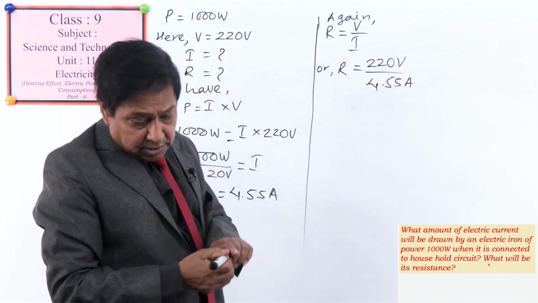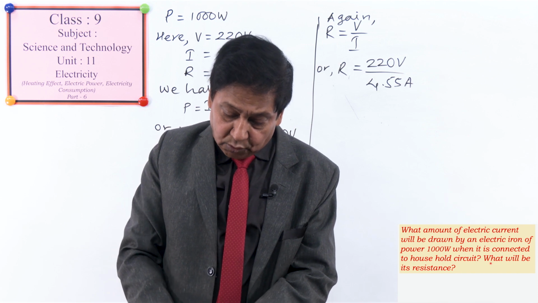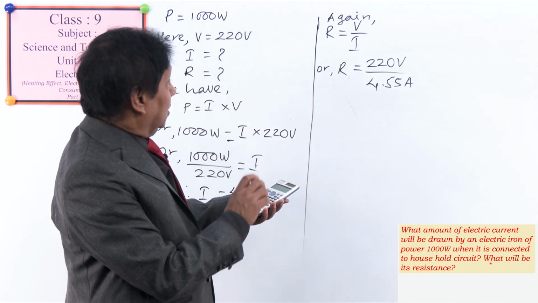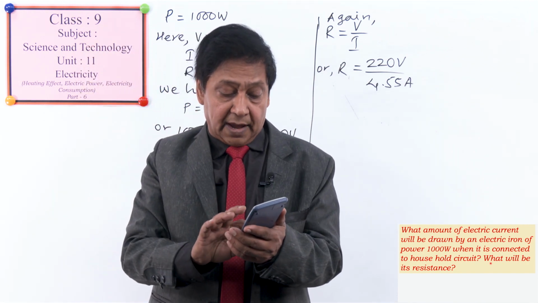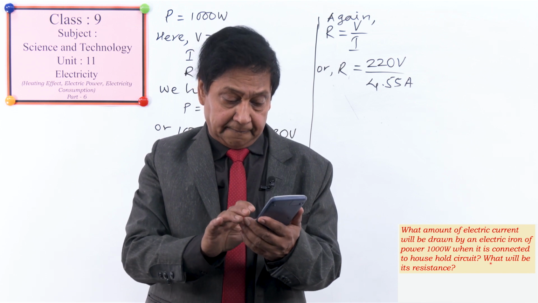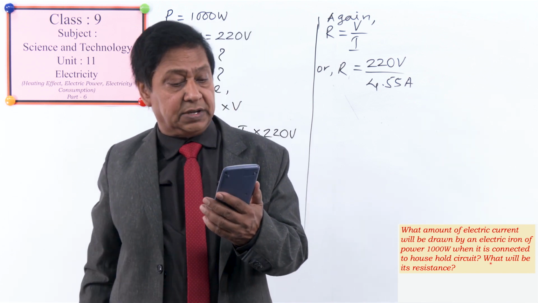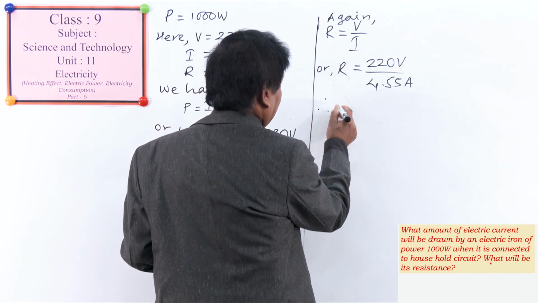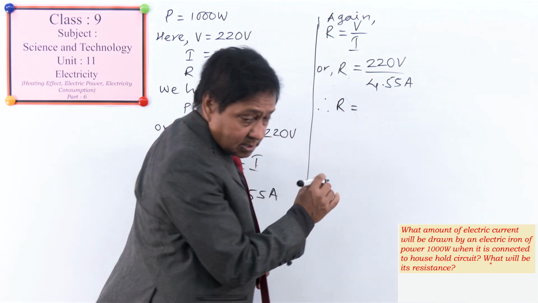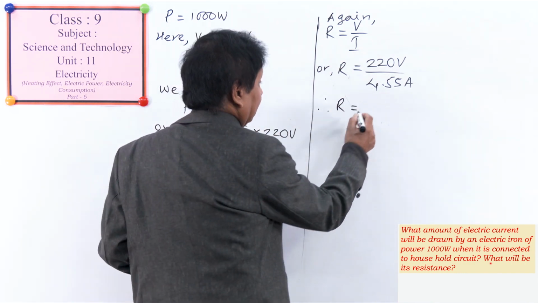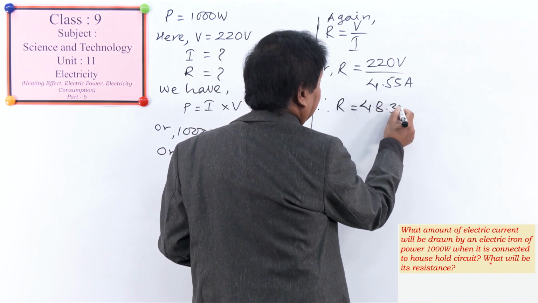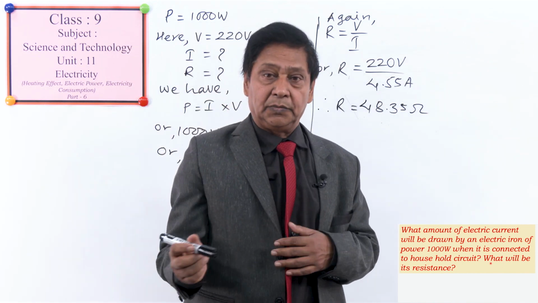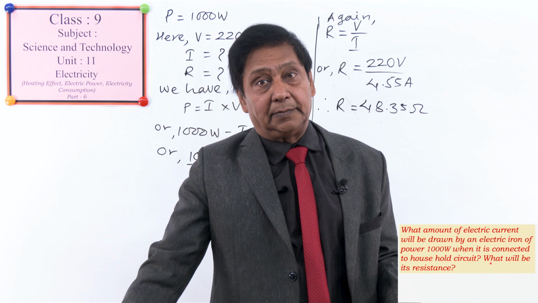If we divide 220 volt by 4.55 ampere, then what do we get? This is equal to 48.3516, so 48.35. Therefore, the resistance of that heater will be 48.35 ohm. The unit of resistance is ohm, that's why I am writing ohm. This is the solution of the problem.